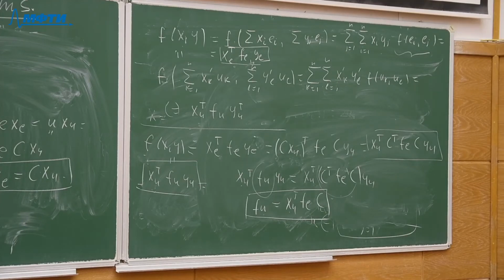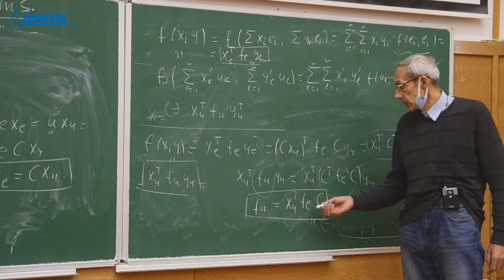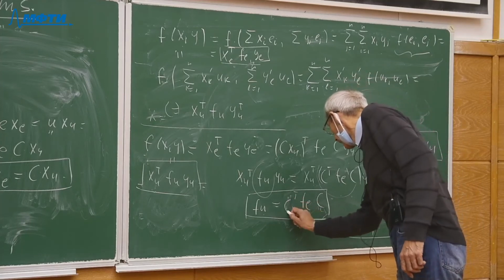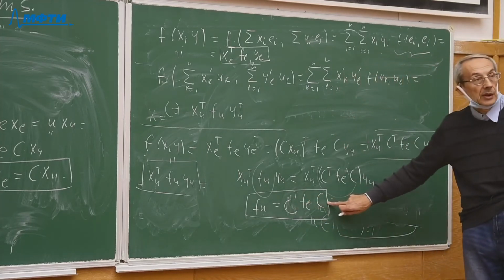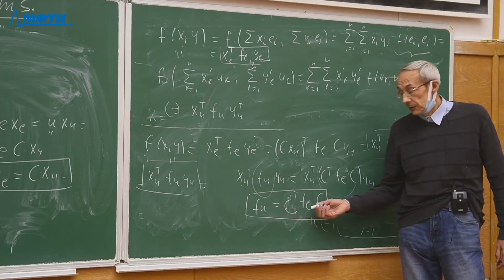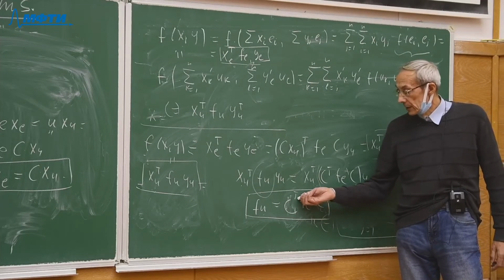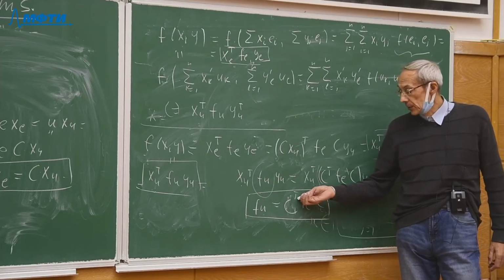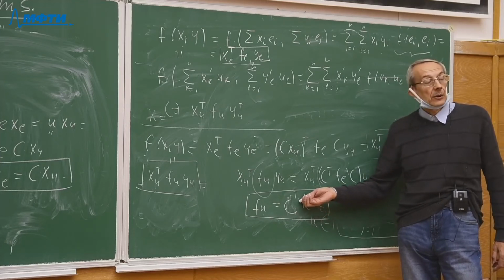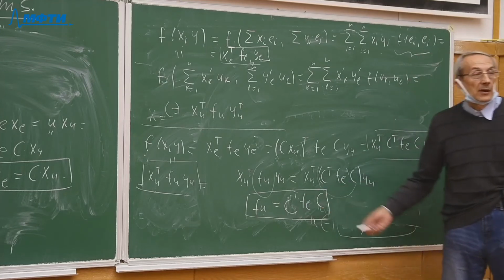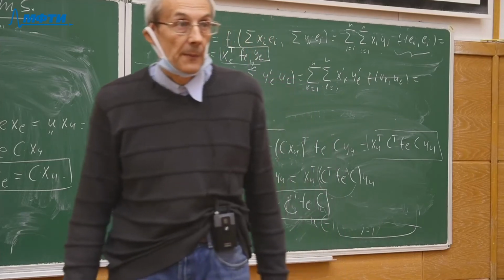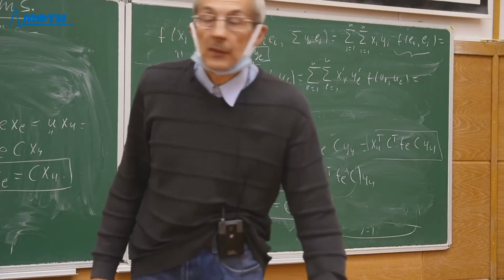In the formula for the changing of the matrix of the operator, for the matrix of the operator, in the place of C transpose, we have the inverse of C. And in this formula, transpose. These are really different formulas. And it's an important remark.